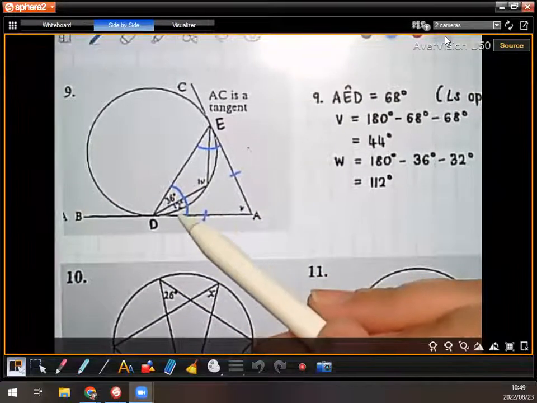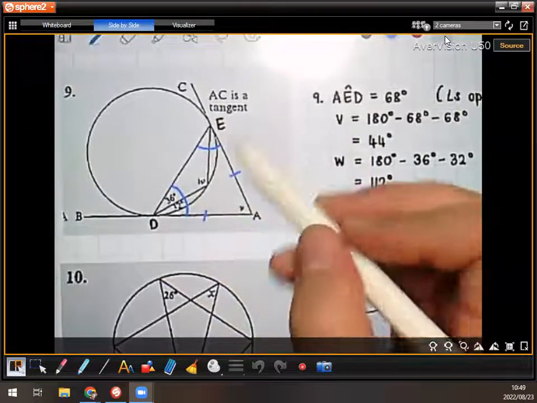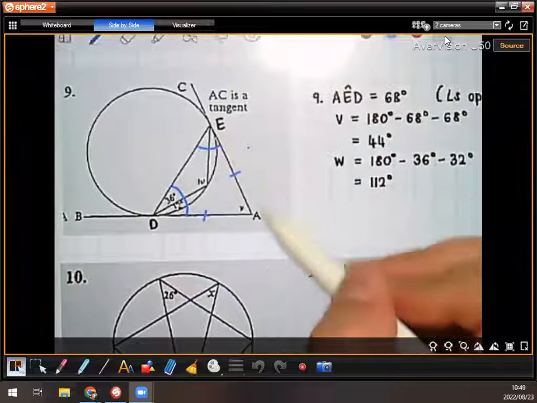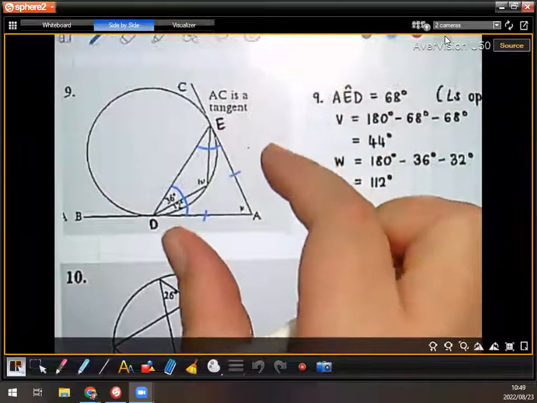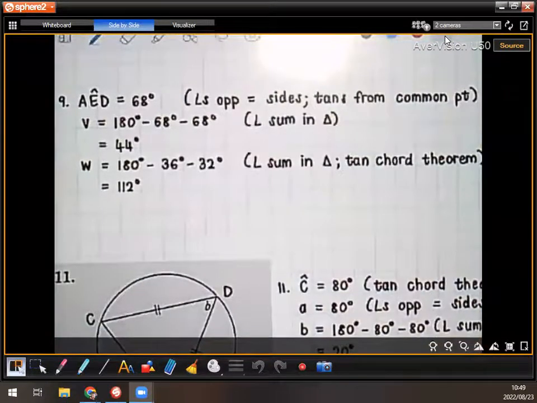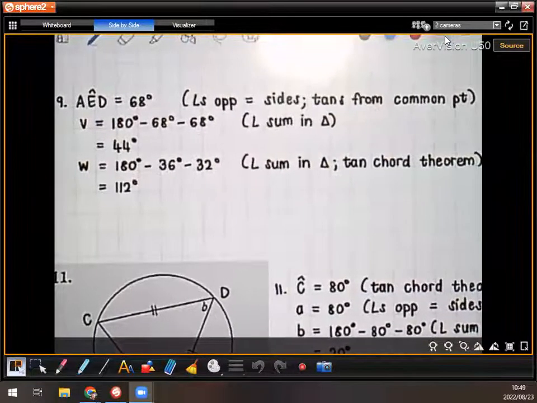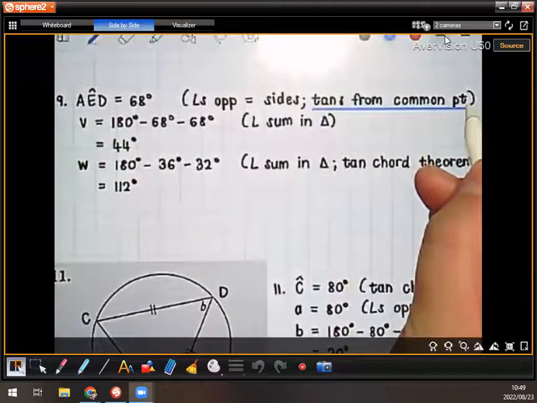Which is 36 plus 33, which is 68 degrees. Okay, my reason for that was angle opposite equal sides. That's the isosceles triangle reason. But then again, how did I know that these two sides were equal? From common point. Okay, so instead of radii, which is what we normally write, to say that the sides are equal, we have to say tangents from common points.